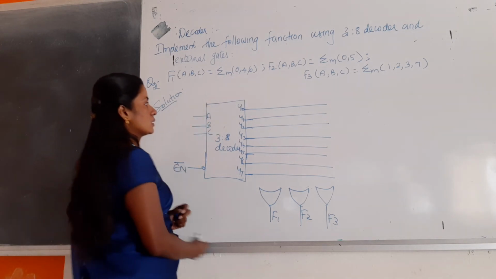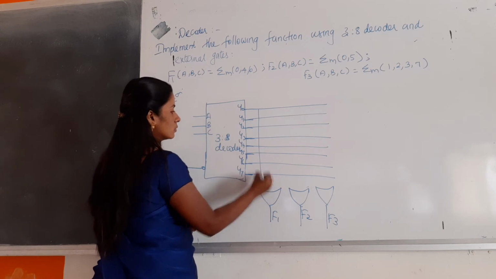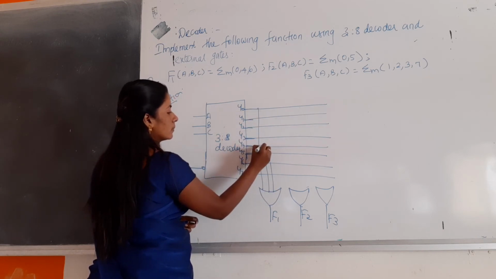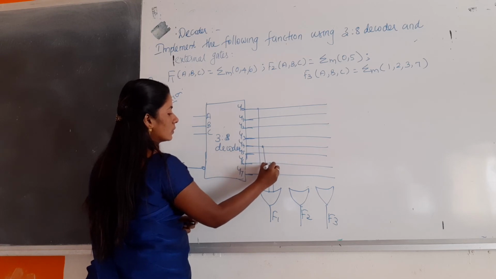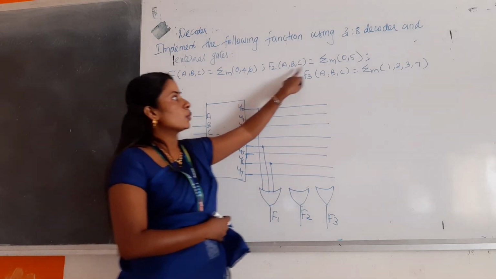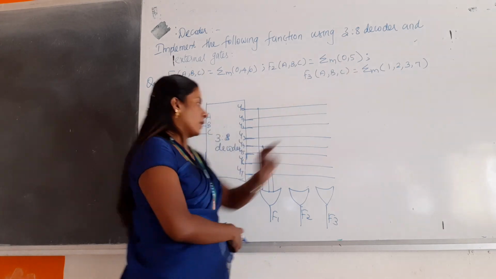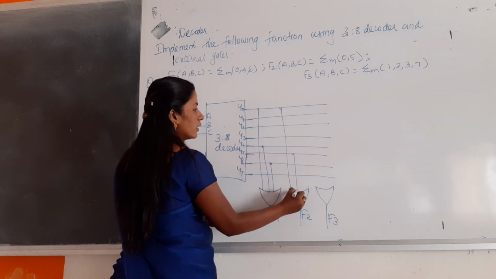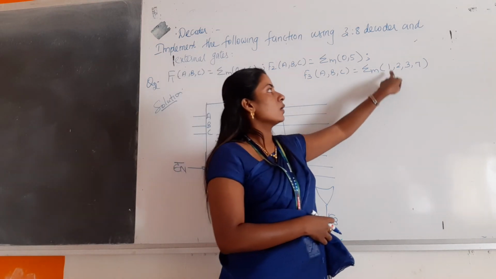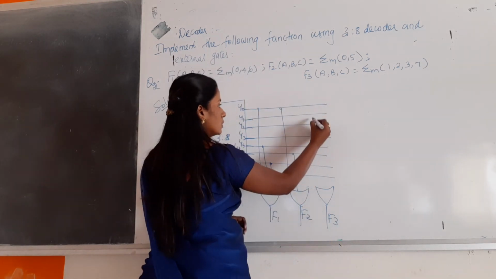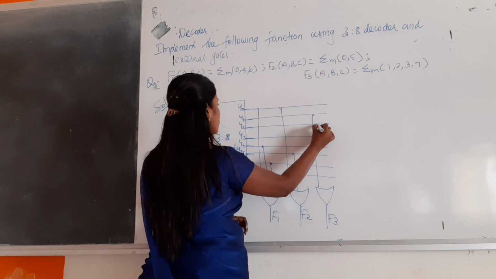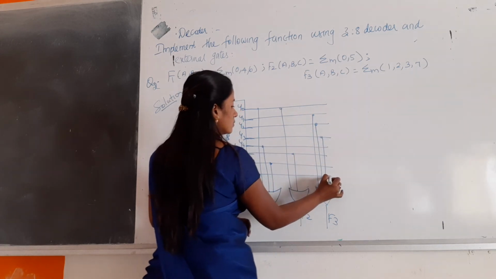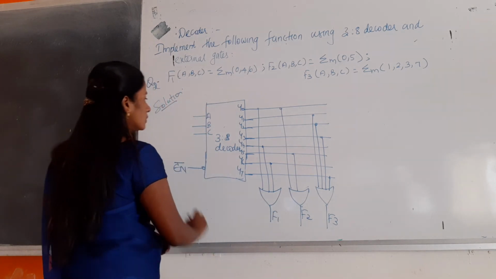So Y0, Y4, Y6. Function 2 min terms are Y0 and Y5. Function 3 min terms are 1, 2, 3, 7. So Y1, Y2, Y3, Y7. This is the solution.